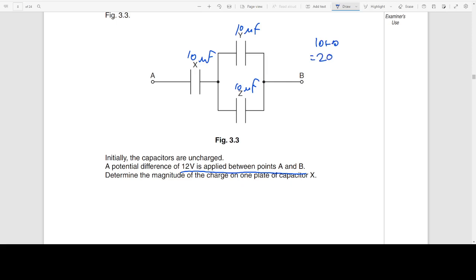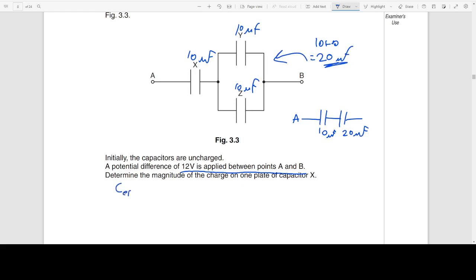So this entire circuit is equivalent to, alright, because we calculated this, which was the overall capacitance of the parallel combination. Now we have just the series part.